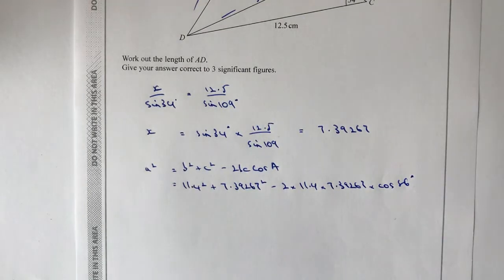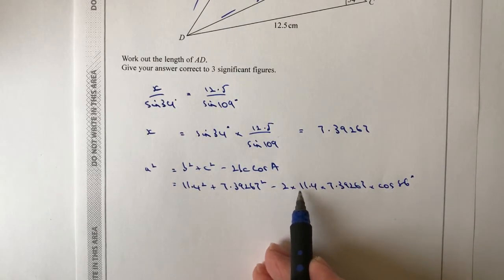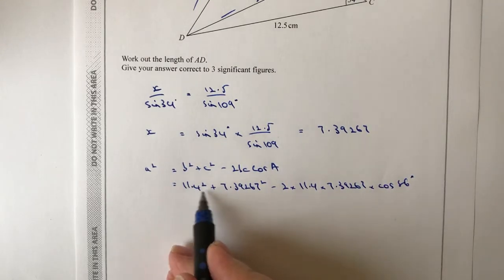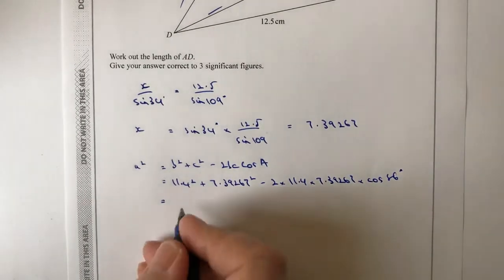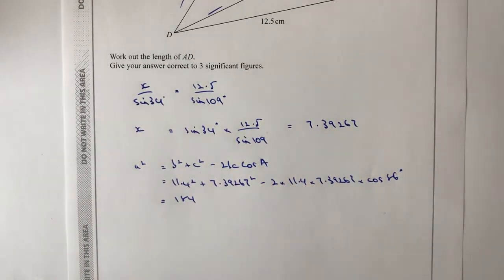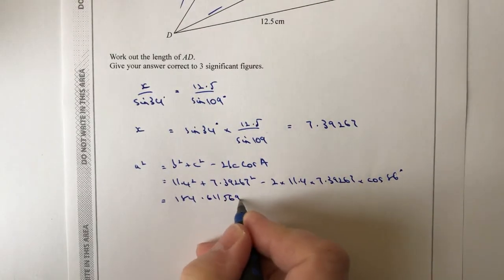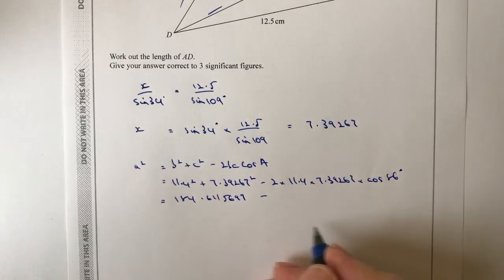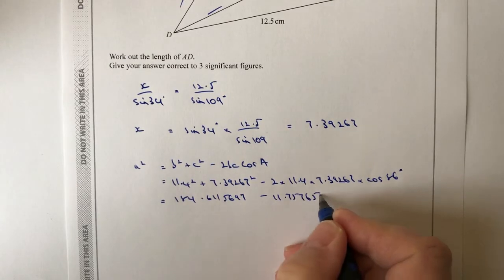Hopefully you're able to follow this along with me and you've been able to calculate that through. It's a good idea to do the two parts separately, because this is minus 2 times those. So I'm going to do this bit of it first, and what I should get is 0.6115697 minus that lot, which is 11.75765427.